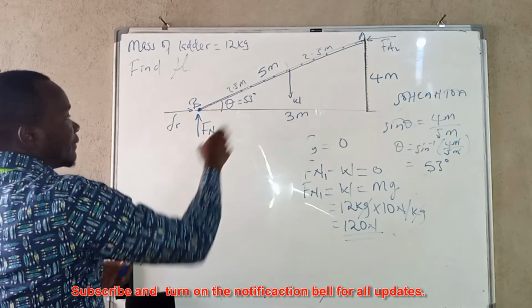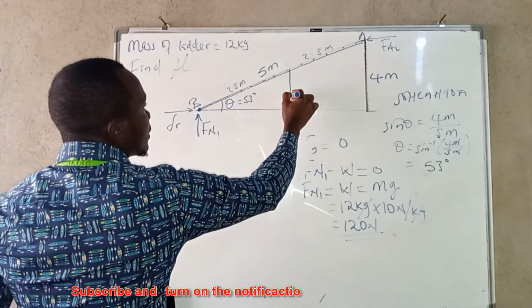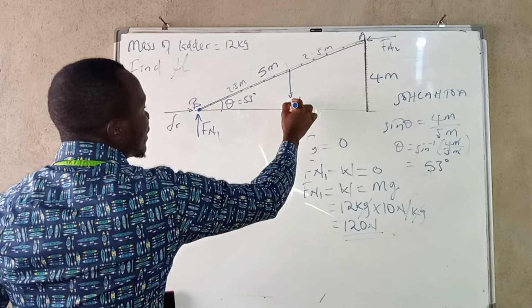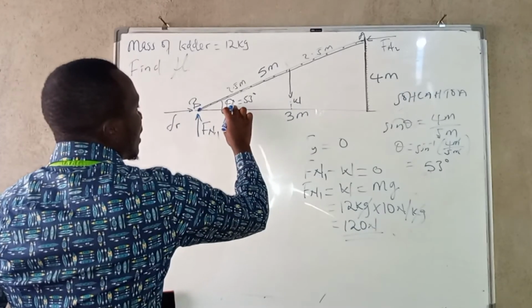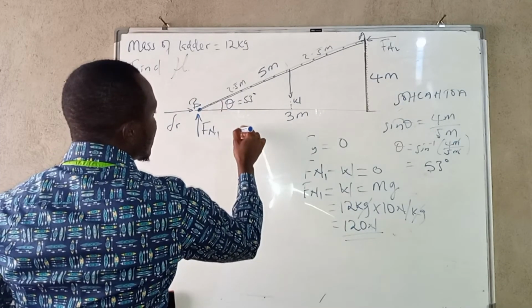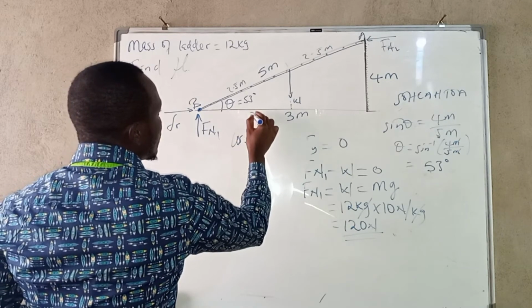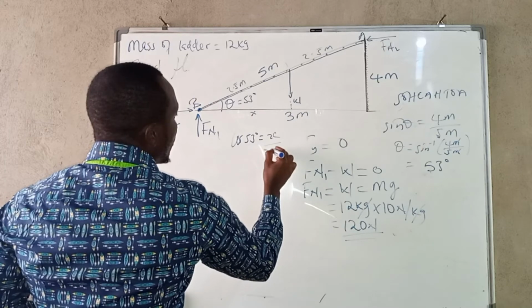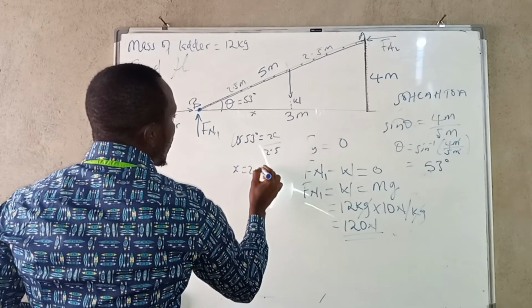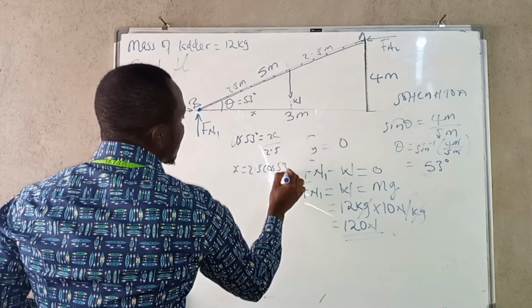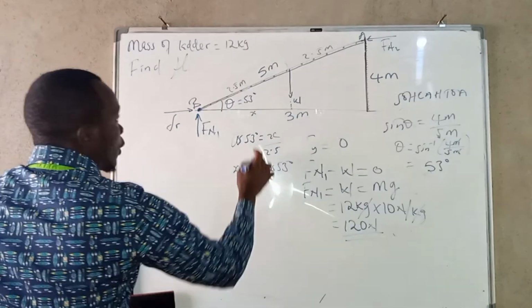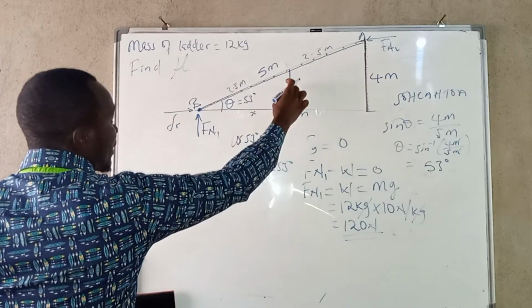So this one times the perpendicular distance. We can find this from cos 53 degrees equals x over 2.5, so x is equal to 2.5 cos 53 degrees. This is the perpendicular distance.